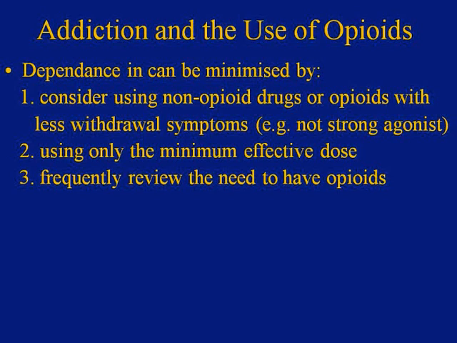Second, we should start only at the lowest effective dose and not at a high dose. And lastly, we want to keep on reviewing to make sure that we stop using the opiates the moment the patient doesn't need it. And so with all this, we try to minimize the risk and the chance of falling into psychological addiction, psychological dependence.